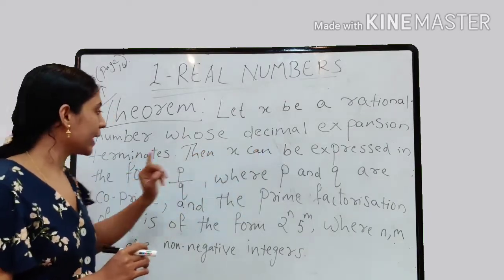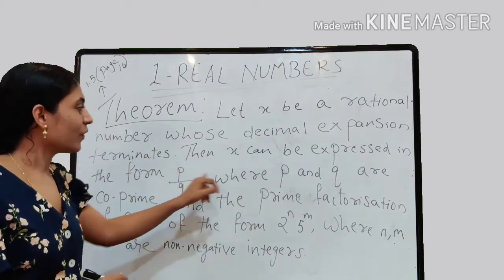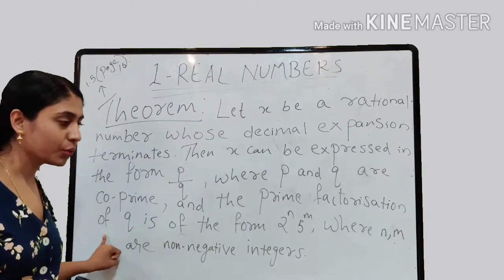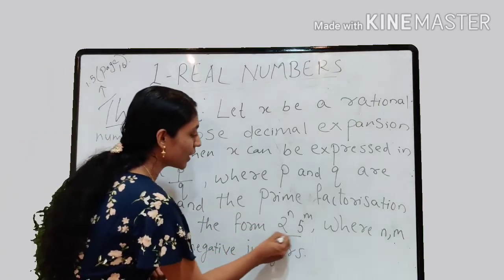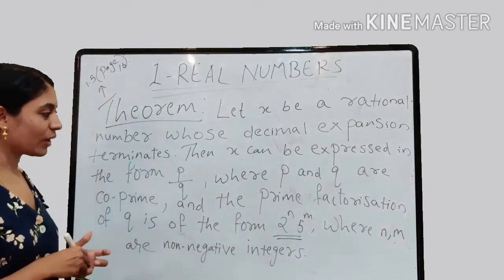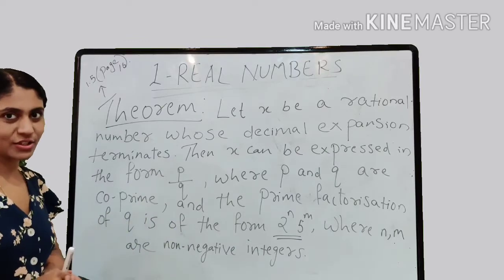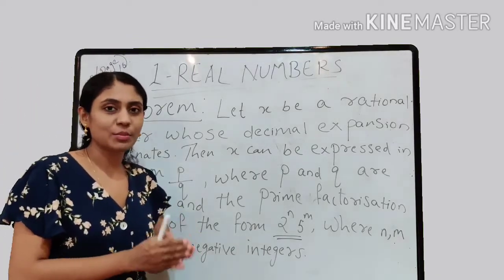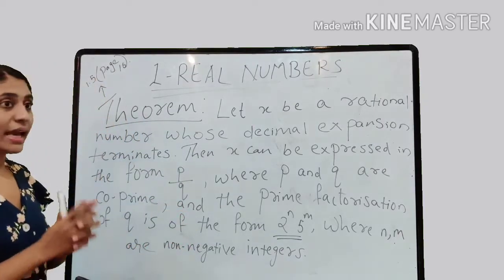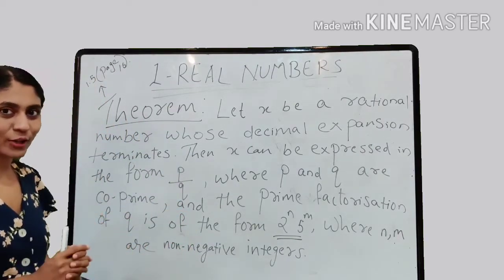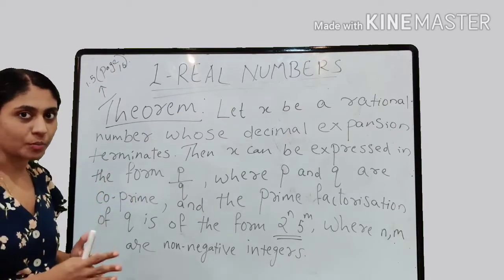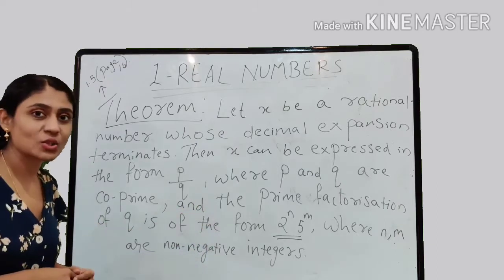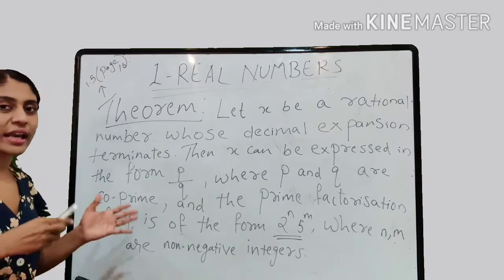Then x can be expressed in the form p by q, where p and q are co-prime, and the prime factorization of q is of the form 2 raised to n into 5 raised to m, where n and m are non-negative integers.